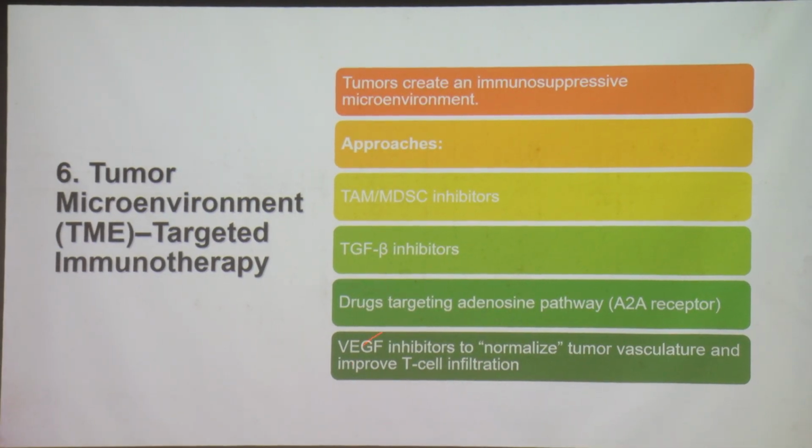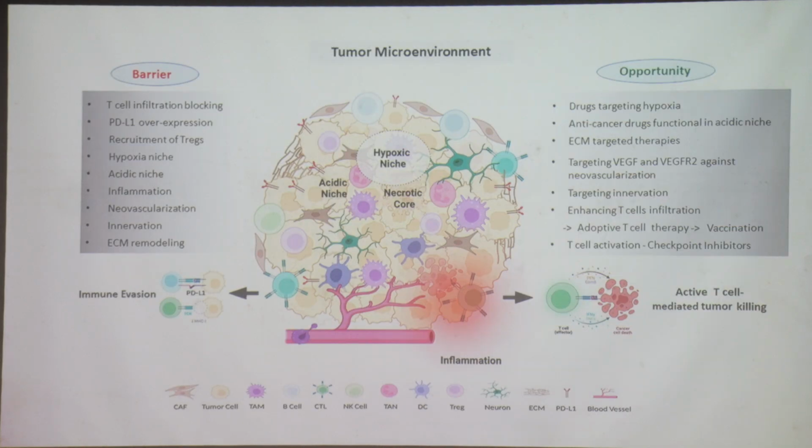So we obviously add VEGF inhibitors to inhibit angiogenesis, and we also target many other cells. You have seen this picture, so I won't go into detail. It has a lot of different kinds of cells. It has a hypoxic niche. These areas are hypoxic, so the cells surviving here are extremely aggressive. In the middle of a big tumor, cells usually undergo necrosis.